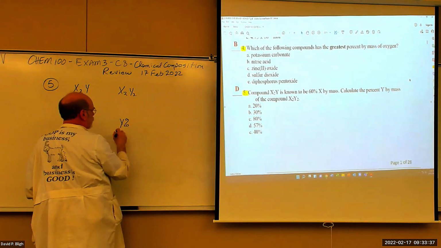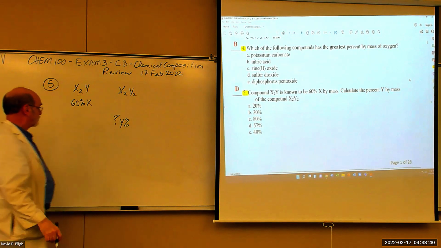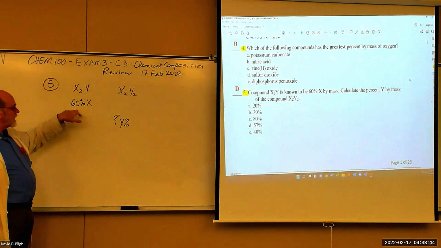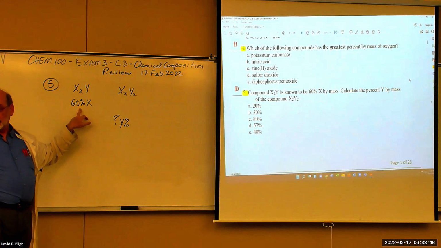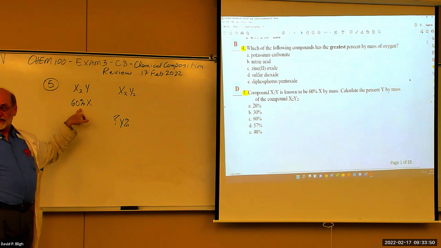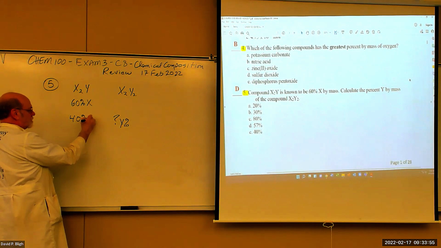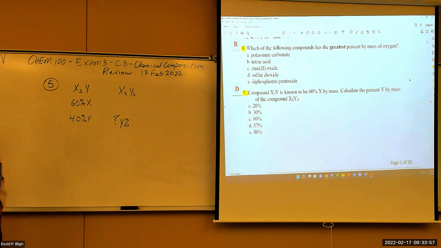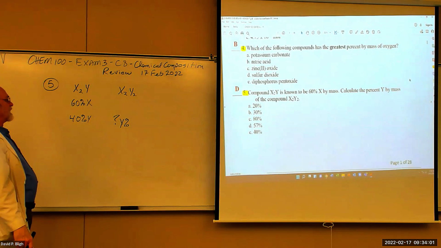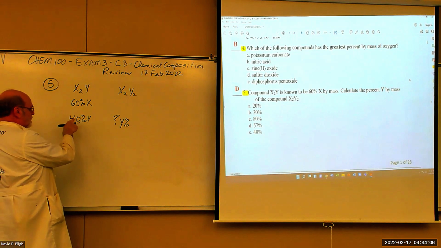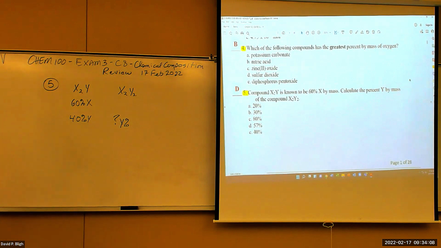Y percent is the question. Okay, what does this tell us? If this compound is 60% X, and we know that it only has Y in it other than X, how much is X? I mean, how much is Y? Y has to be 40%. Okay? So, let's see.